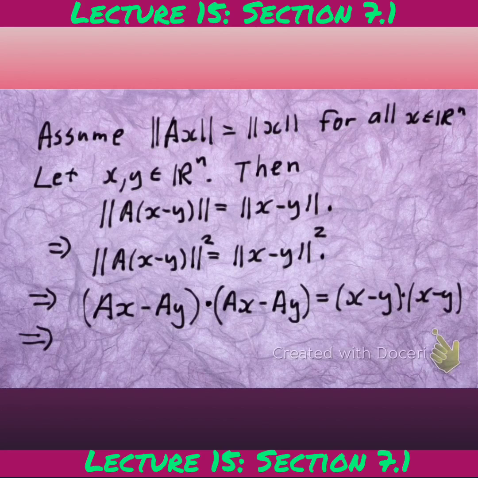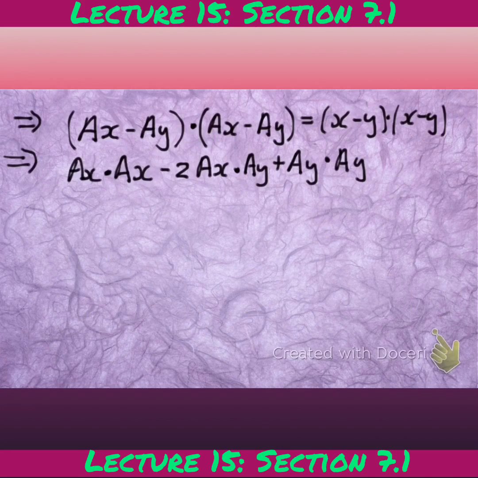The dot product works like that. Remember, you take that term with that, that term with that, that term with that, and that term with that. So we get this expression on the left-hand side, and that is going to be equal to X dot X minus 2 X dot Y plus Y dot Y.